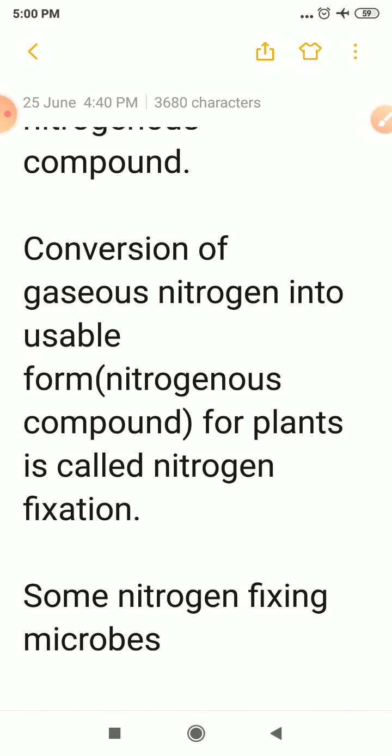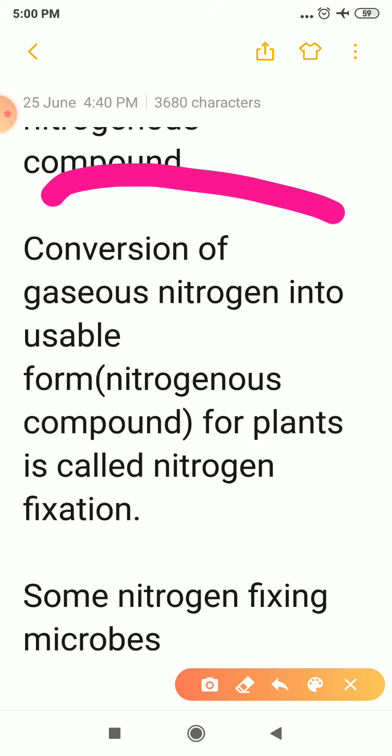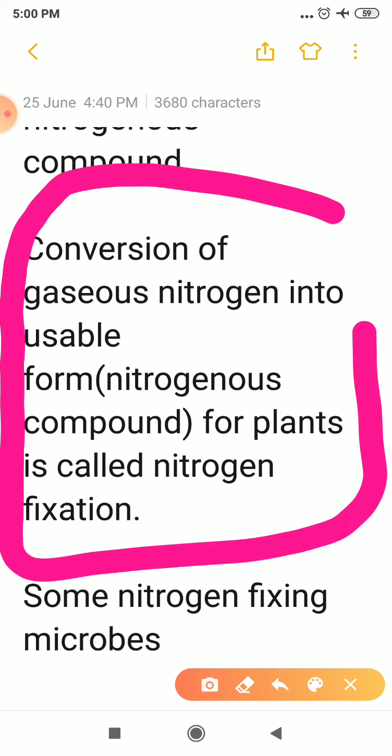Conversion of this gaseous nitrogen into a usable form for plants is called nitrogen fixation. Here it is defined: conversion of gaseous nitrogen into a usable form, that is nitrogenous compounds, for plants is called nitrogen fixation.